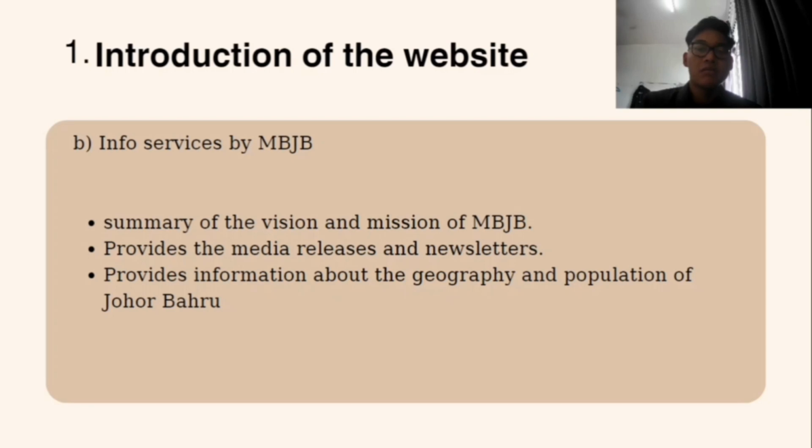Next is info services by MBJB. The MBJB portal provides a summary of the vision and mission of MBJB. It provides the media release and newsletter that are published by MBJB. Next is information about geography and population of Johor Bahru. Citizens in Johor Bahru can easily find this information by browsing the MBJB website.